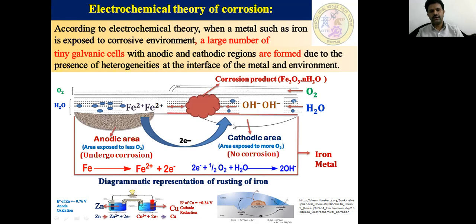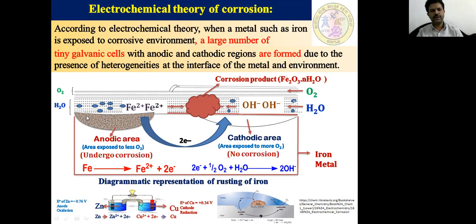Here, the surrounding constituents like moisture and oxygen will gain that electron, not iron. Iron will not gain electrons because it already lost electrons, but those electrons will be gained by the surrounding constituents like moisture and oxygen. So you can see the electrons will be gained by oxygen and moisture. It will form hydroxyl ions at the cathodic region.